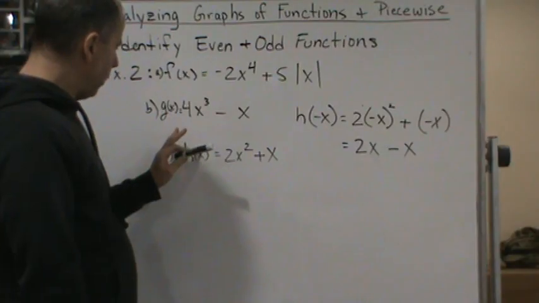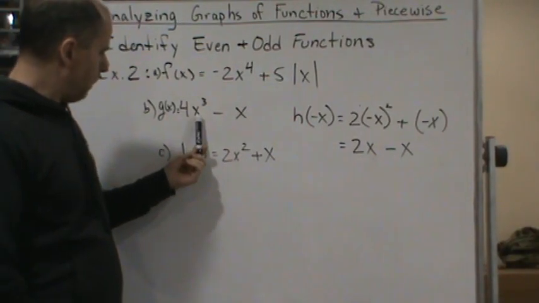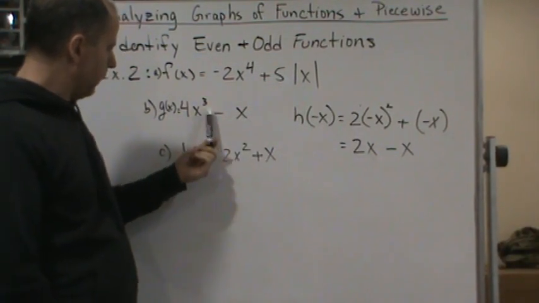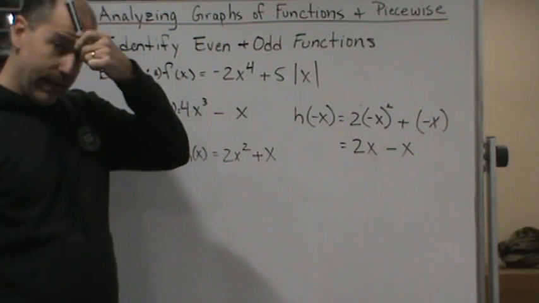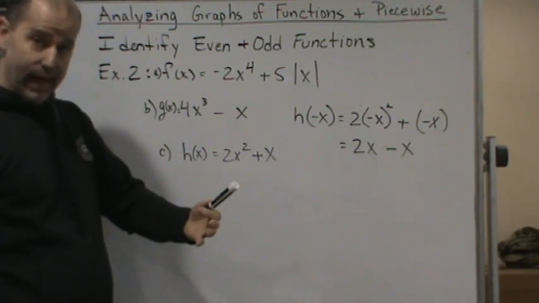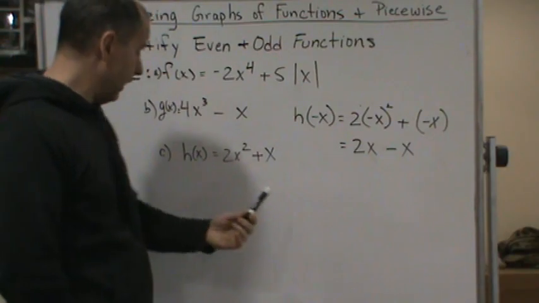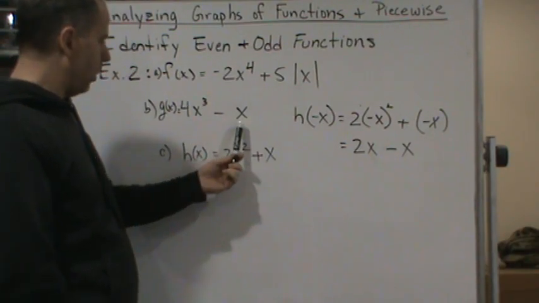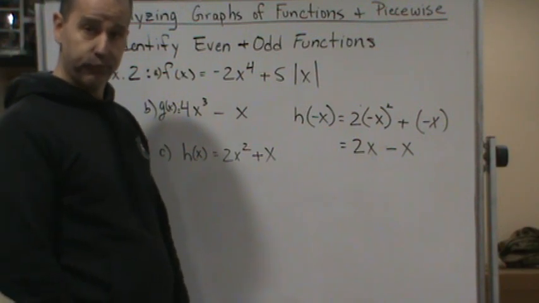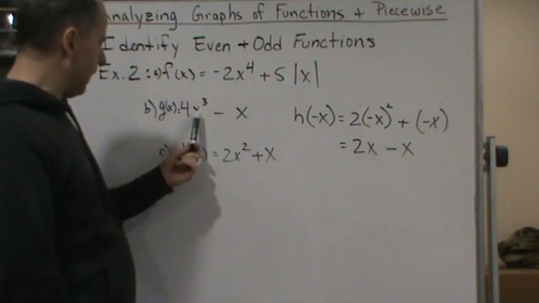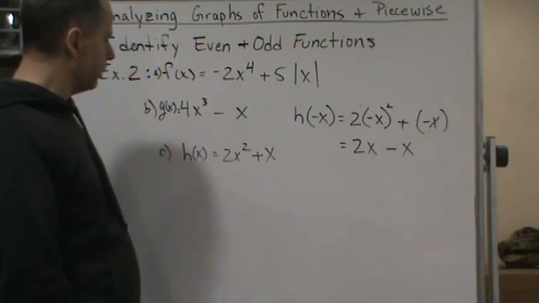Also, look at this one. We have exponents that are all odd. What we know about variables with odd exponents is that if they're negative, we will always get a negative, or opposite, value. So if I put in a negative here, I'm going to get a negative out.